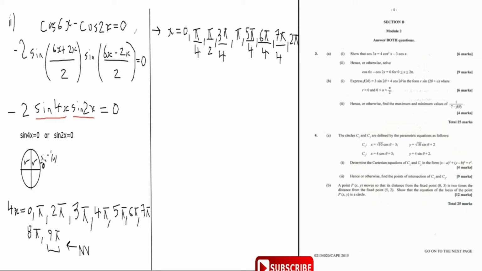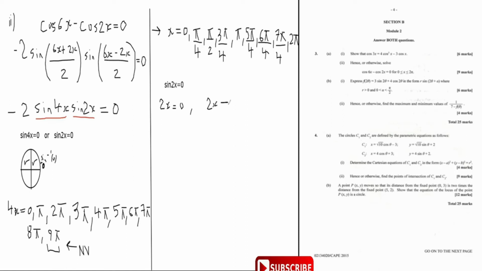Let's solve sine 2x equals 0 now and look at the solutions we're getting. So for the next part, we're solving sine 2x equal to 0. Again, the two possible answers that we're going to get is 2x is equal to 0 or 2x is equal to pi.